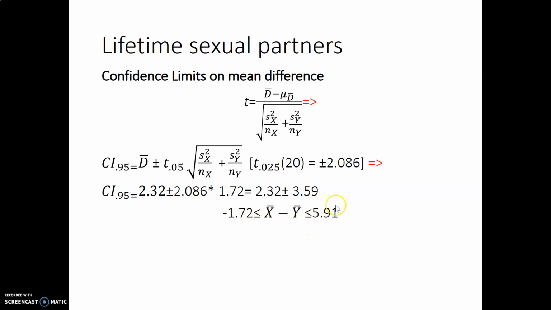And this side means that at most, men could have 5.91 more sexual partners than women. The true mean difference is somewhere between this limit and this limit.